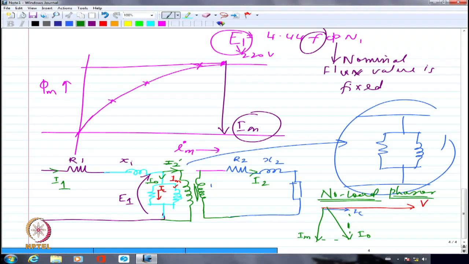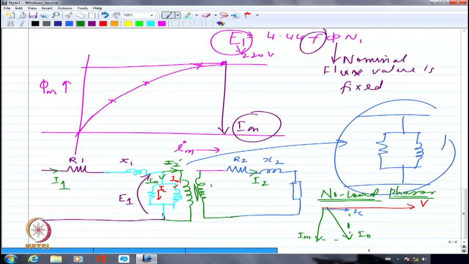And the primary side reflection will have the same power factor as that of the load power factor. There is no difference because I have not included the no load current as yet. No load current definitely will have a very poor power factor because it consists of a magnetizing current and a core loss component of current. And the core loss component of current is minimal because I have already laminated the core.